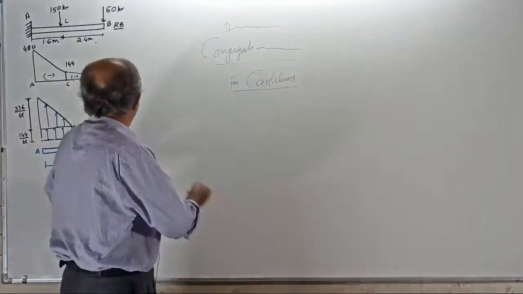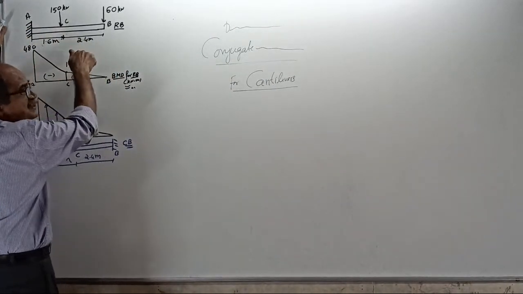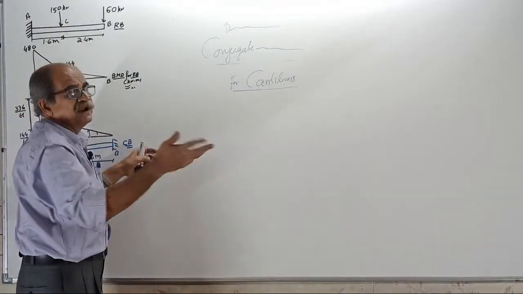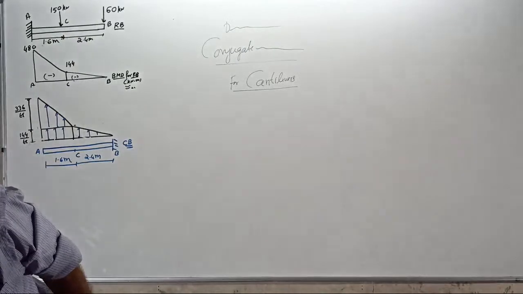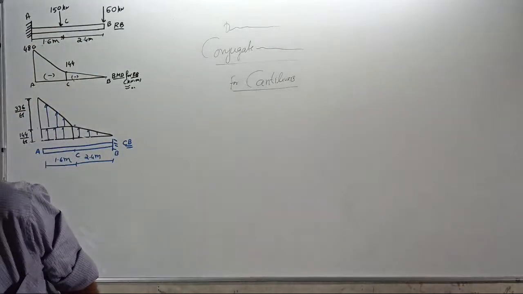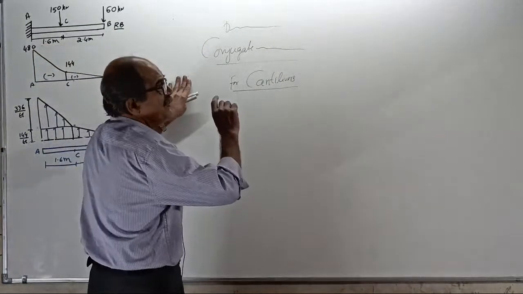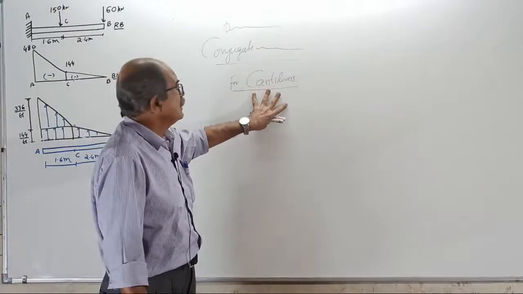You can see the change of statement from this question. Calculation is common. Clear now? So, I do not want to waste time. Once I solve this one, I will take a cantilever with the right side fixed. There also, I will show the calculation by conjugate beam method.